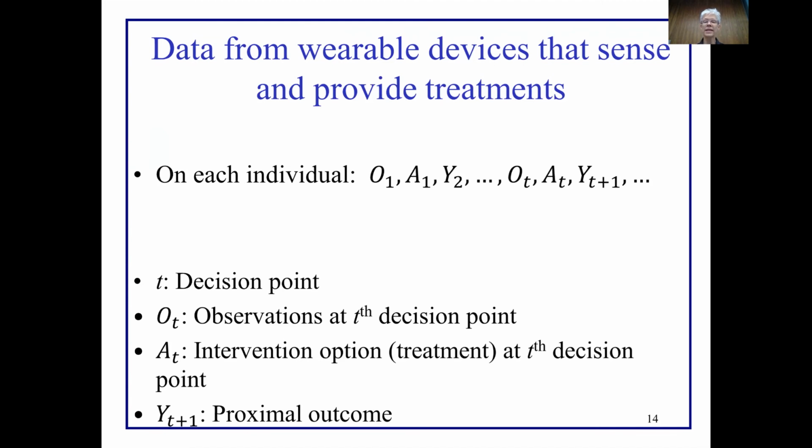And then the Y's indicate an outcome that might occur because of our treatment, our intervention option. Notice how I indexed the outcome by t+1, whereas the intervention is indexed by t. That's just to remind myself that outcome occurs after we deliver interventions.